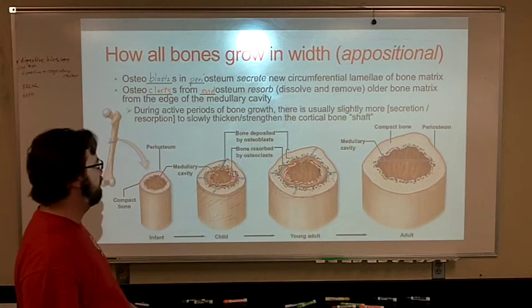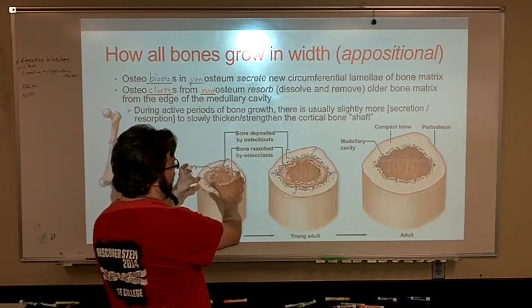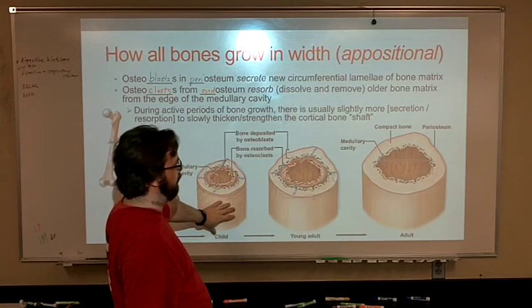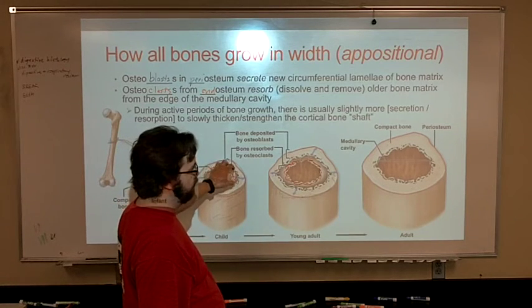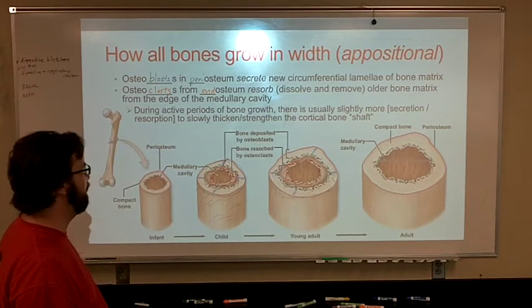That's because the osteoblasts add layer after layer after layer of new bone out here, and the osteoclasts slowly take apart the inner layers to keep the bone from getting too heavy.